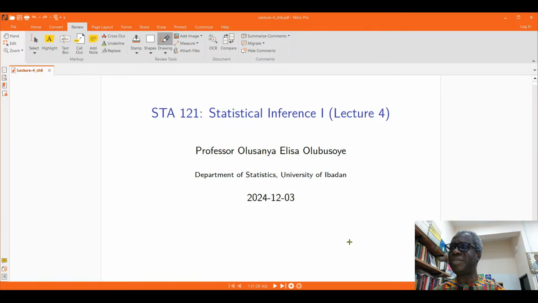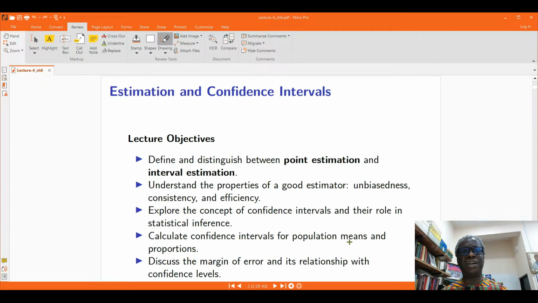Today, our focus is going to be on estimation and confidence interval. I welcome you to the lecture once again.